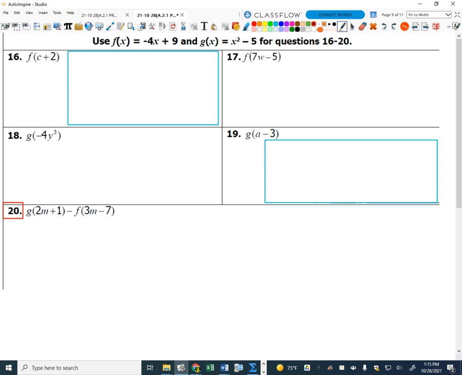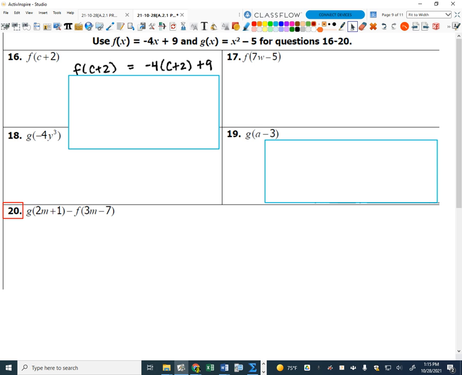So in that case, what's f of c plus 2? What's f of c plus 2? What do you think? Yeah, negative 4. Whoops. Negative 4 times the quantity c plus 2 plus 9.